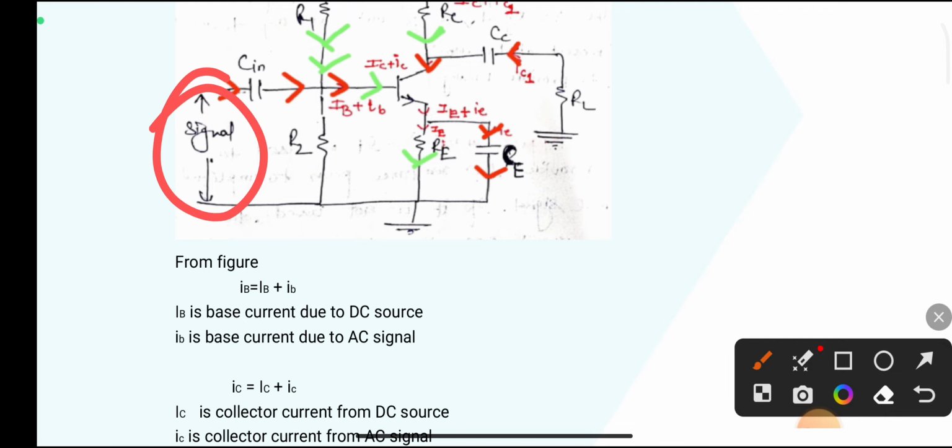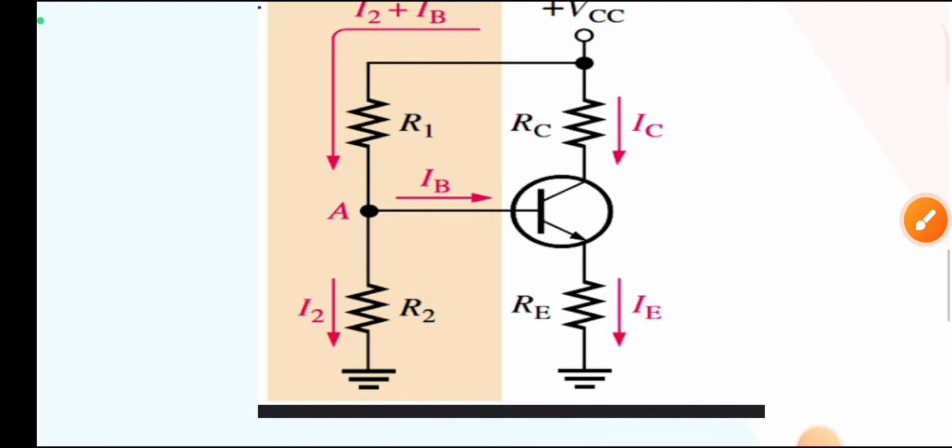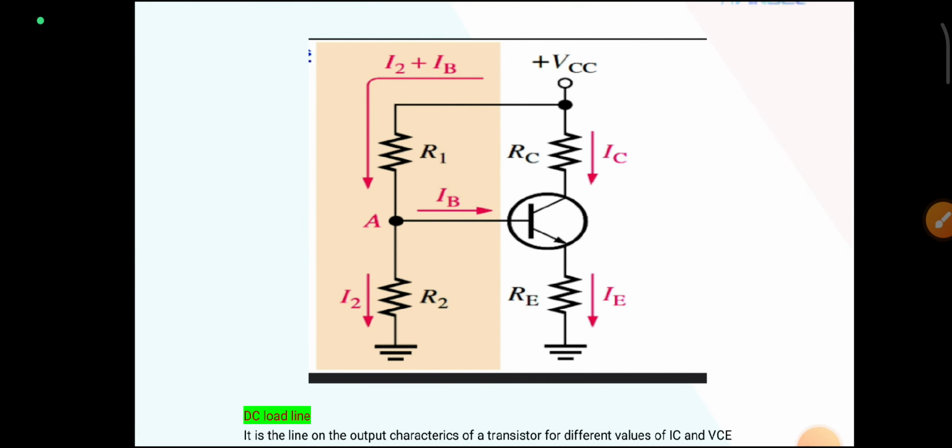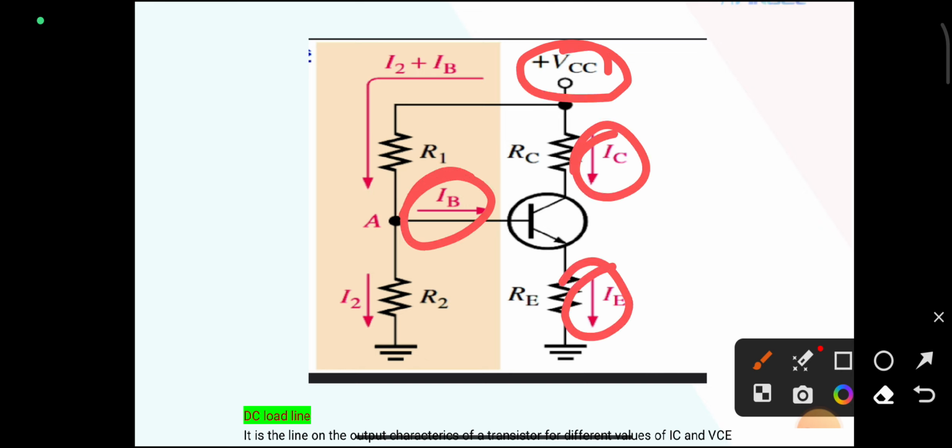So this is the DC equivalent circuit. You can see in this circuit there is no AC source and no AC current flowing through the circuit. Only the DC source and DC currents are present here and here.